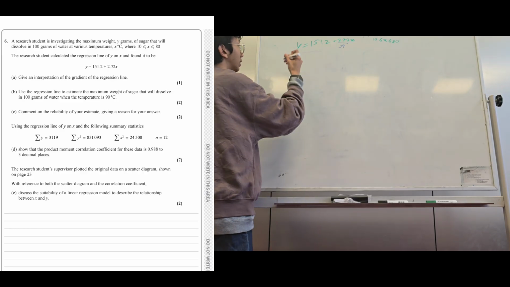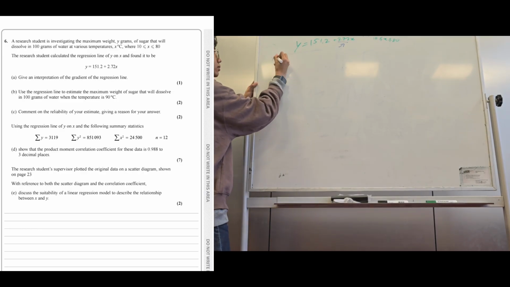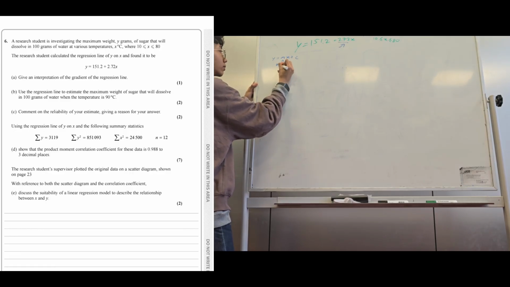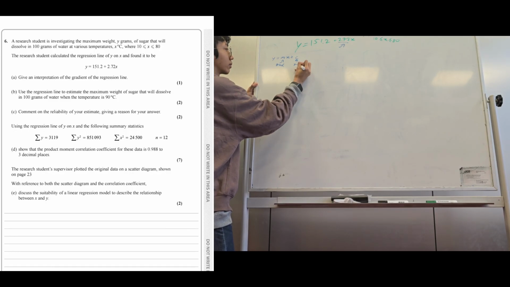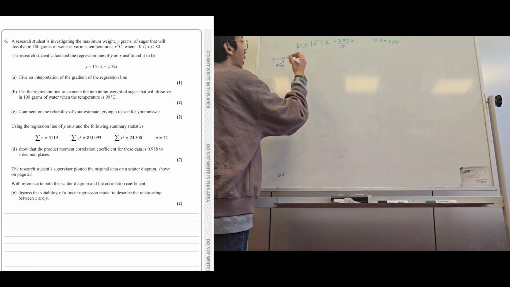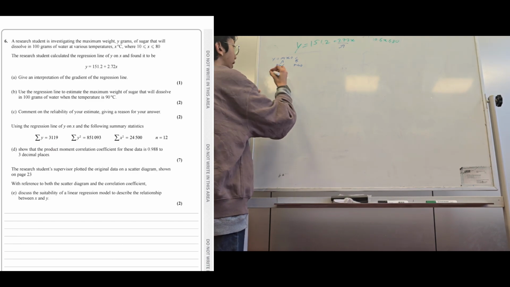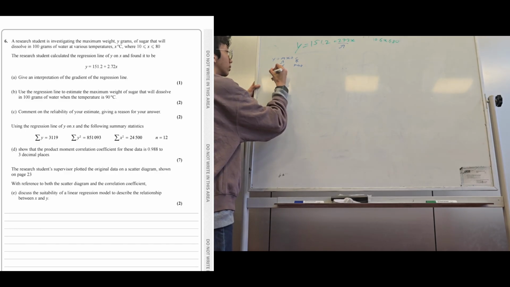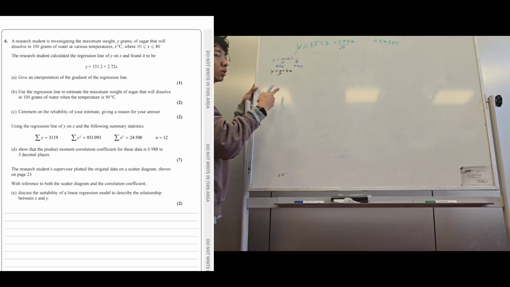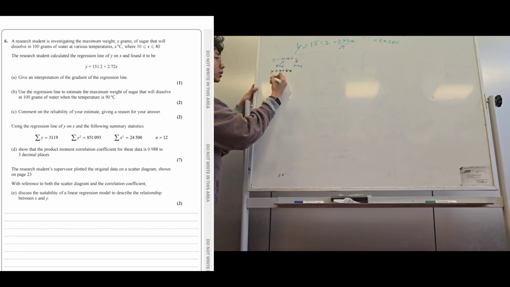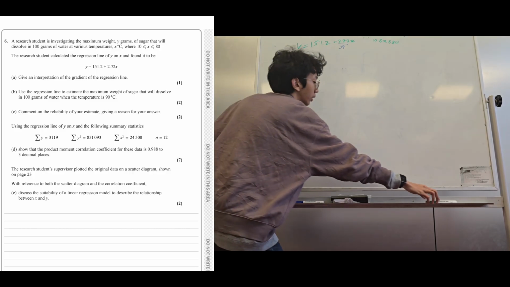Remember, we can always write this as y equals mx plus c, where m is the gradient and c is the y-intercept. So one way to think about it, whenever we have y equals a plus bx, a is the value of y when x is equal to 0.